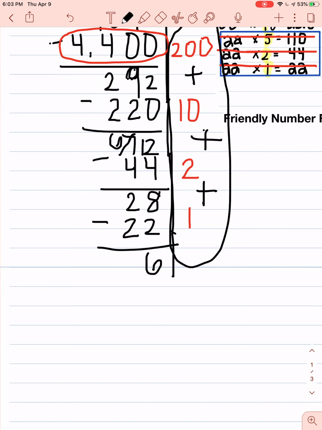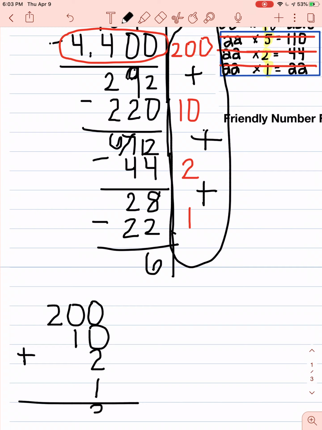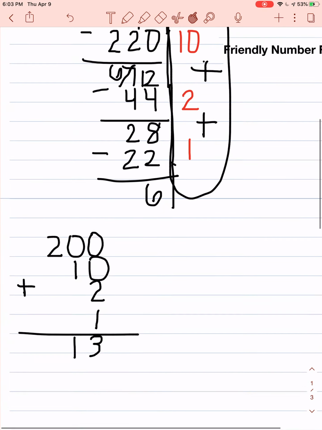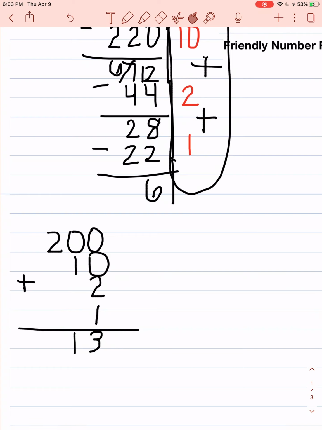So I have 200, 10, 2, 1. So this should be 3. Whoops. Let me scoot up a little bit. So 2. And then remember what I have over here. This is called a remainder.